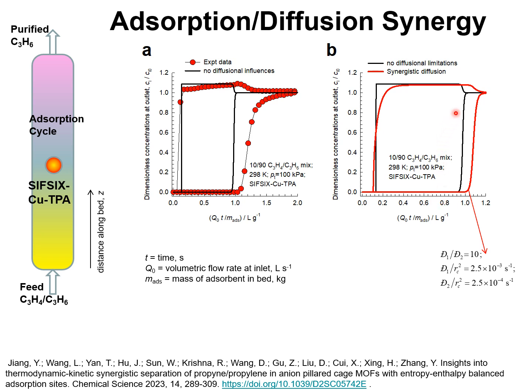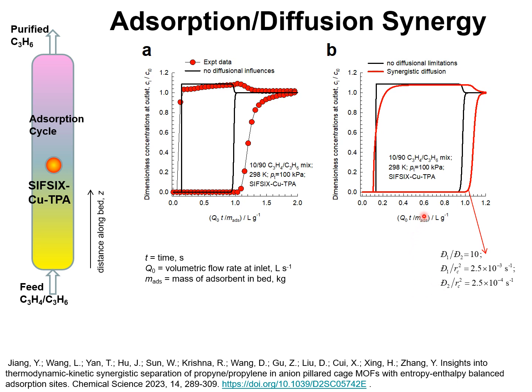The simulations in red are simulations in which we have a diffusional selectivity of 5 in favor of propyne, and the severity of diffusional influences for components 1 and 2 are described by these two parameters.